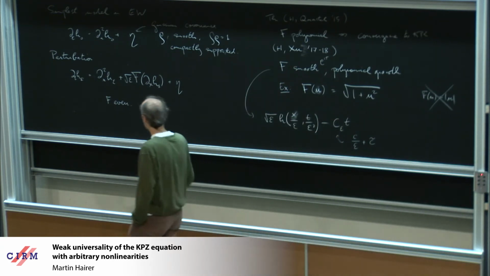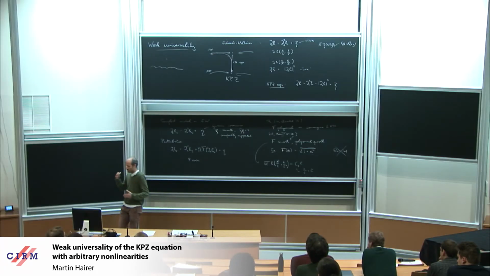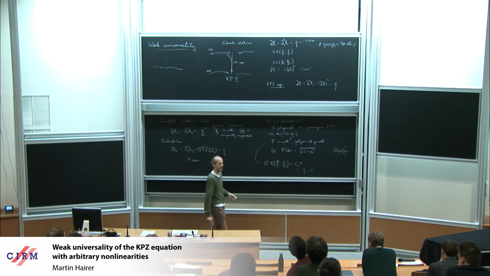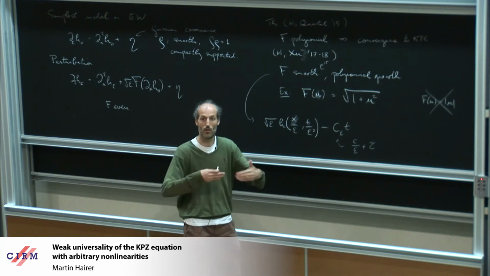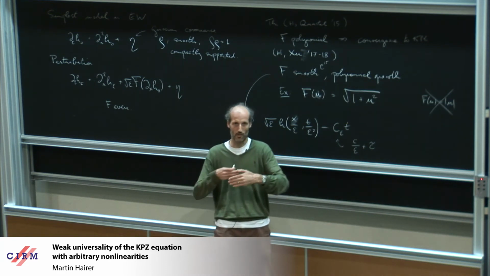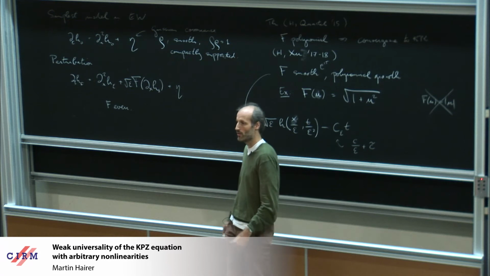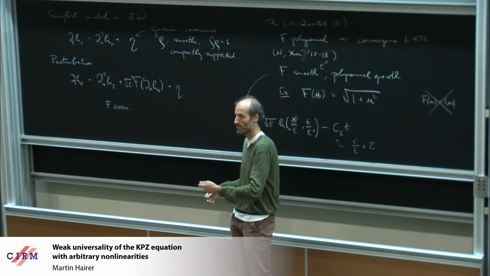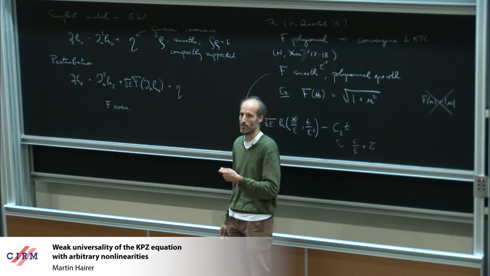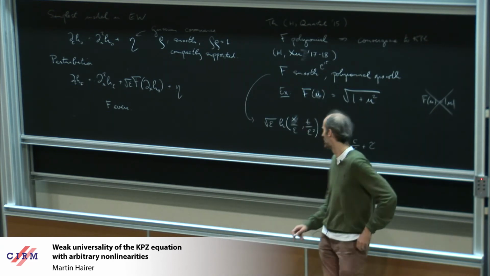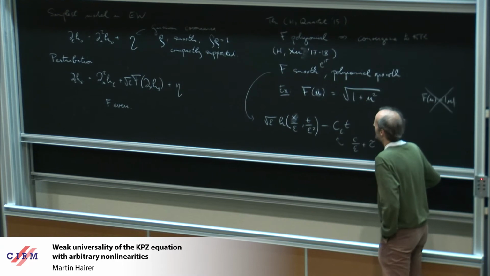This 1 over 12 that shows up very often, or 1 over 24, depending on how you normalize things, doesn't really show up here because of the time correlation. That seems to be special for Markovian models, so if you have no time correlation, you see this 1 over 24 showing up. If you do have time correlations, it doesn't show up.